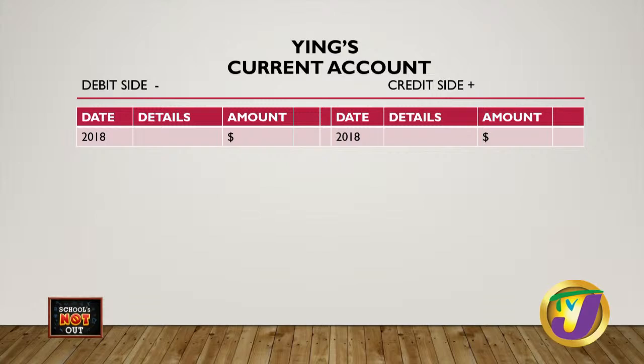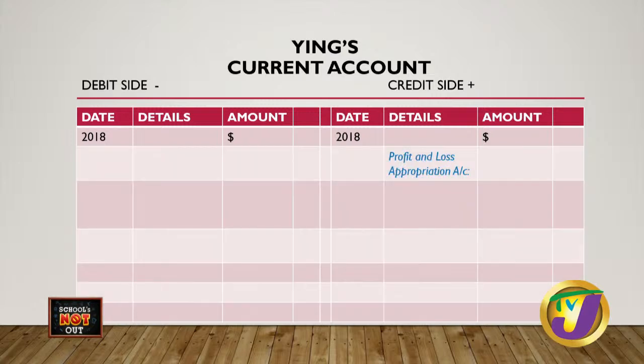We have our headings, date, details, amount for both the debit and the credit. Now, I have written for you profit and loss appropriation account, to show you that I'm about to list the items that are on the debit side of the profit and loss appropriation account relating to Ying on his credit side of the current account.